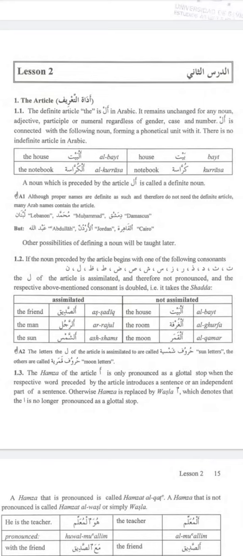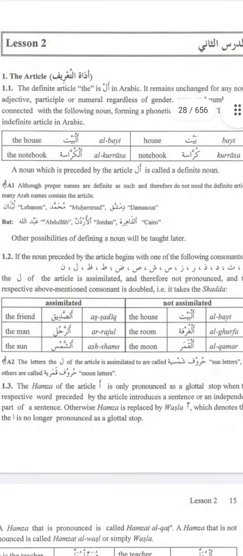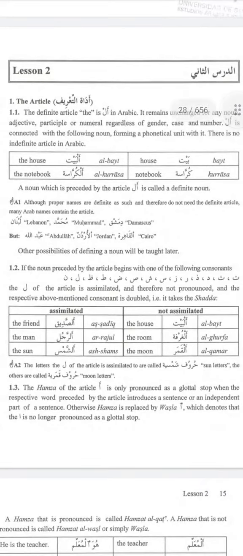So we have the definite part called ma'rifa, the indefinite part called nakira. You have these boxes or the column on the right hand side of the screen showing words that are nakira, and then the left hand side contains words that are ma'rifa.